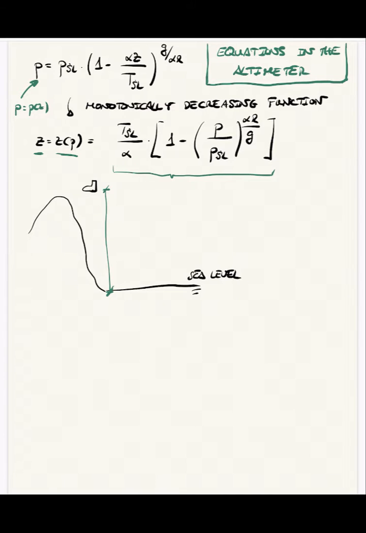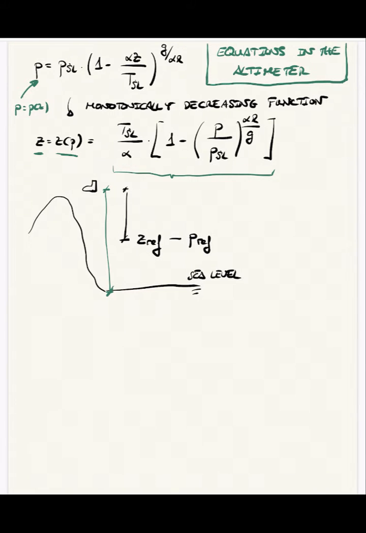So what we're going to do is we are not going to measure our vertical position with respect to sea level. We're going to measure our vertical position with respect to some reference surface or point where we know that there is a given reference static pressure.